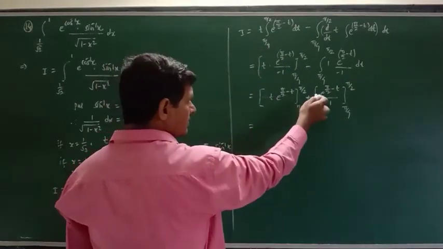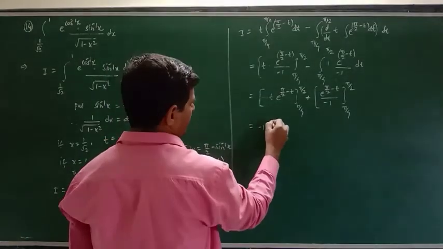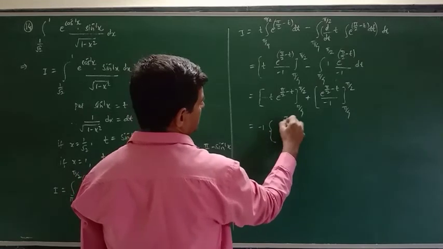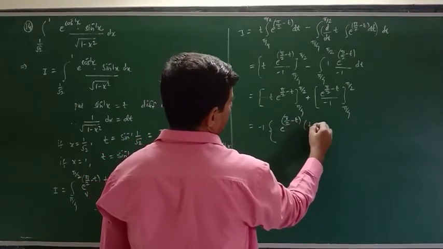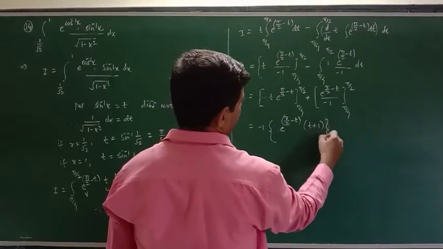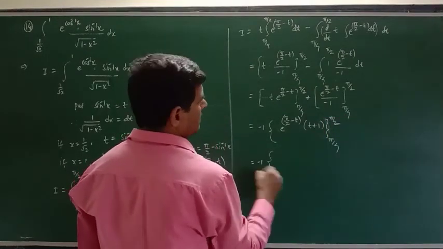Okay, so both values are negative, so I take minus 1 common. So e raised to pi by 2 minus t, taking common t plus 1, and limits from pi by 4 to pi by 2. So minus 1 as it is.